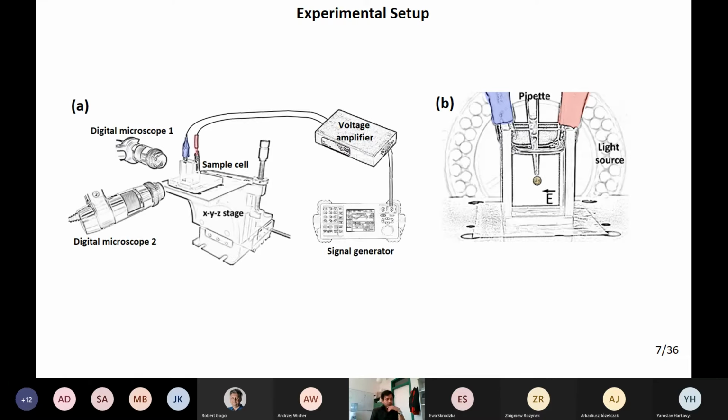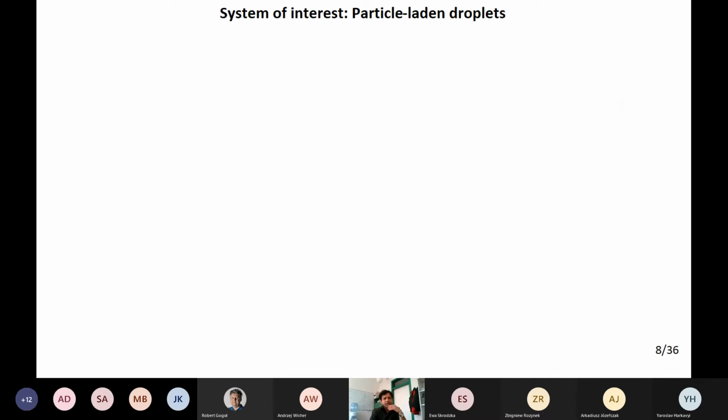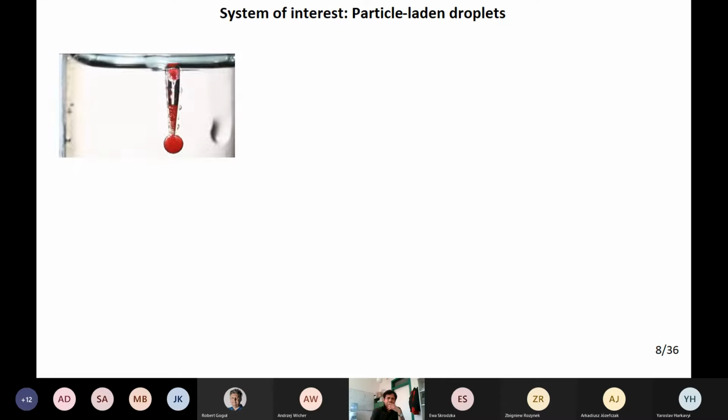Now I want to talk about the system of interest, how we make the droplet, how we make the three-phase system. Here we make the Pickering droplet, which is covered by polyethylene particles. Initially, we disperse the solid particles in a silicone oil droplet, and we make such a dispersion in castor oil by using a micropipette. Here is the micropipette.